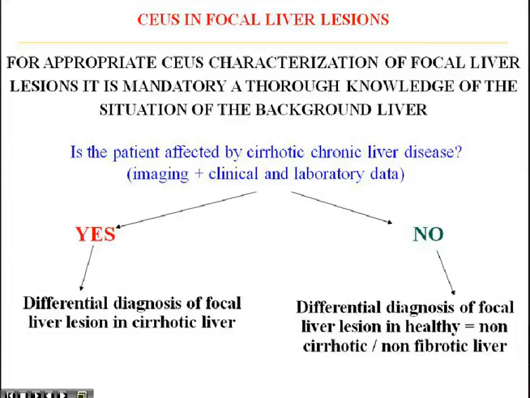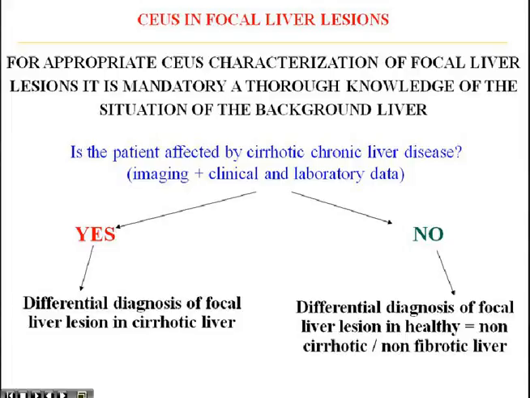But to make an estimate of probability, we should put together not only the imaging pattern, but also the clinical setting. So the first question for an appropriate CEUS characterization of focal liver lesions is: is the patient affected by cirrhotic chronic liver disease? This can be derived from clinical and laboratory data. I strongly recommend never to put the patient on the bed without having the charts in your hands before, or having the possibility to look at them, and directly by imaging.